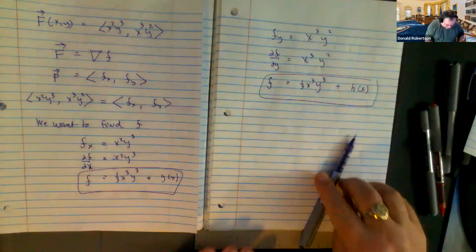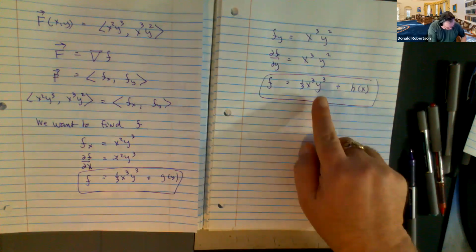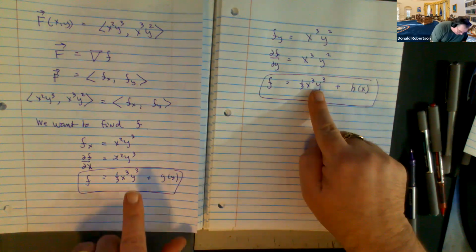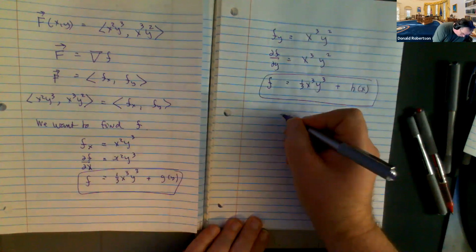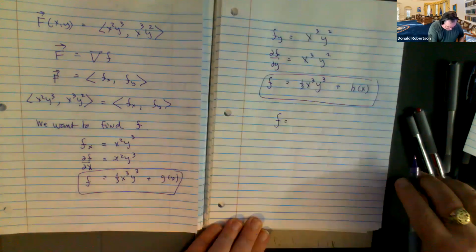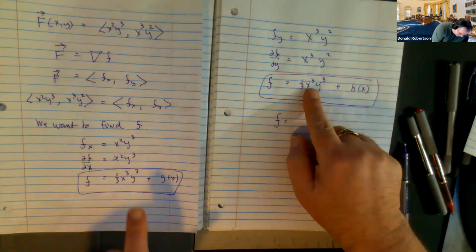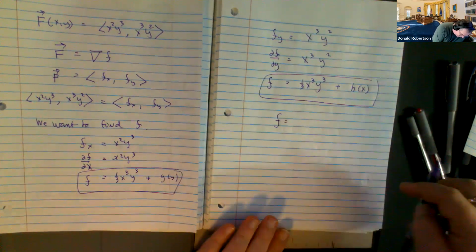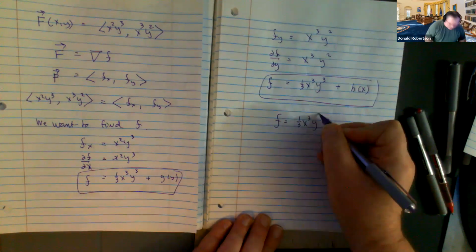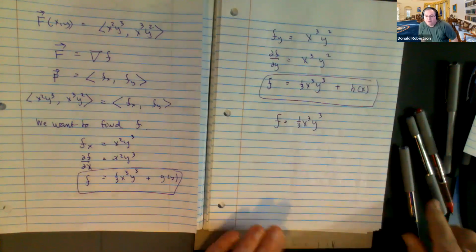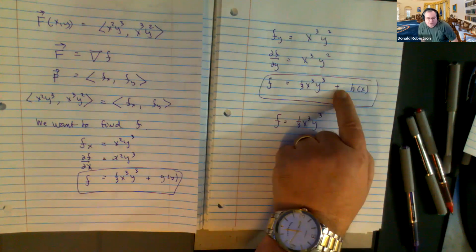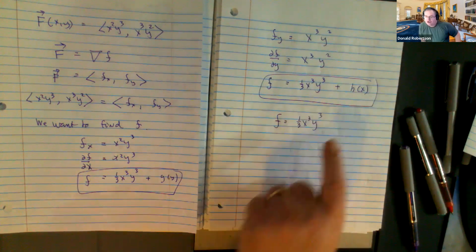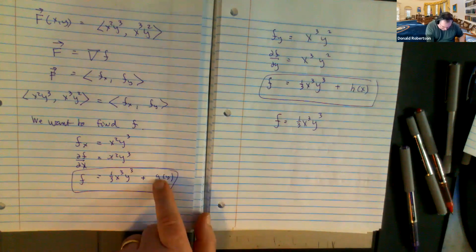And then what I do is I look at this guy and I look at this guy and I say, what conclusion can I make? Well, this guy and this guy are the same. In fact, that's the answer. Well, you might say, couldn't you have a plus x squared here or a minus y squared? These functions have to equal each other.